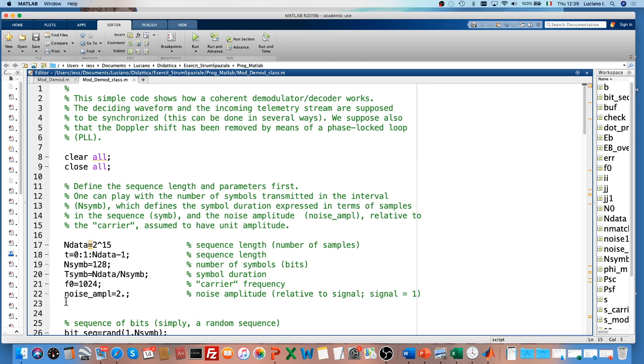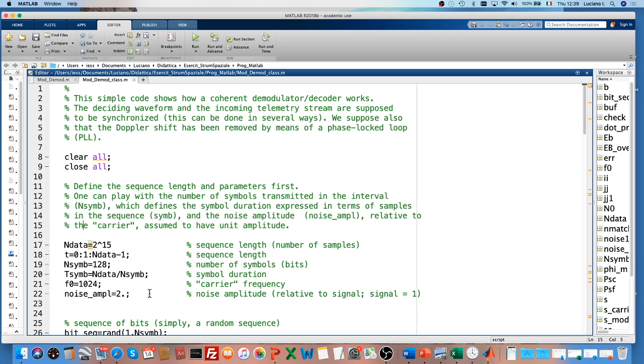Then this is another important parameter. I impose a noise amplitude. Since I work with dimensionless units, my waveform will be cosine omega c t, so the amplitude is unity. I work with unitary amplitudes.